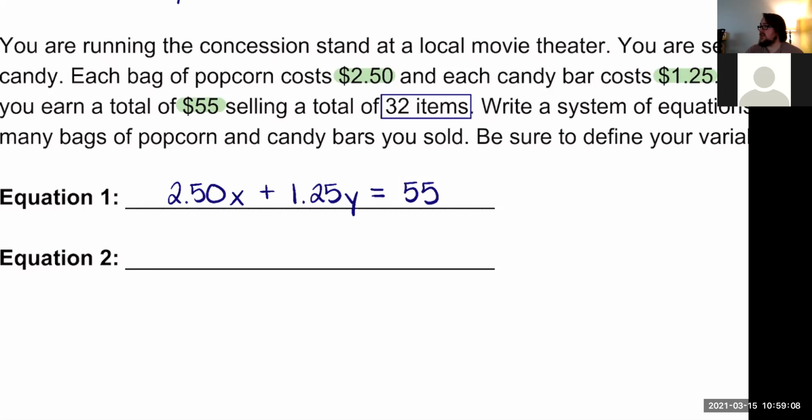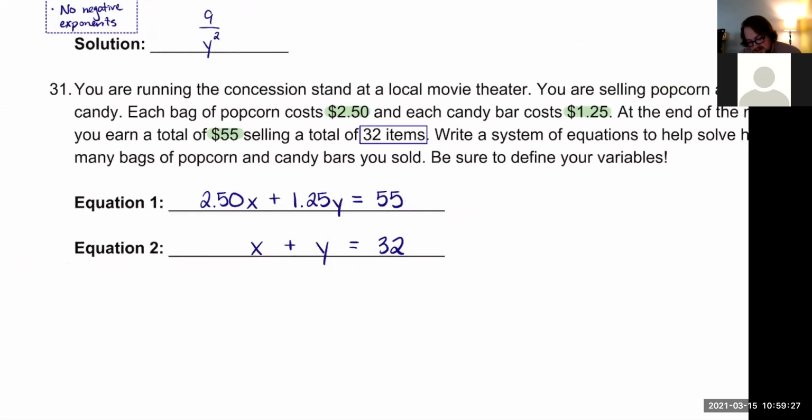X and Y. All the X, all the bags of popcorn, plus all the Y, all the candy bars sold, came up to a total of 32 items. So I would write X plus Y equals 32. And just like that, we have now created our own system of equations.